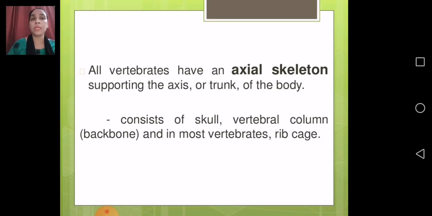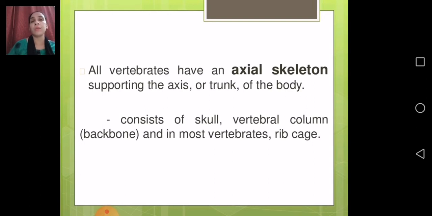All vertebrates have an axial skeleton supporting the axis or trunk of the body. Now it consists of the skull, vertebral column, and in most vertebrates, the rib cage, and different parts of a skeleton.